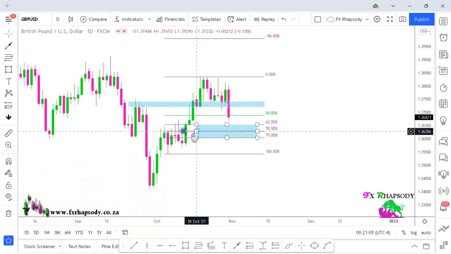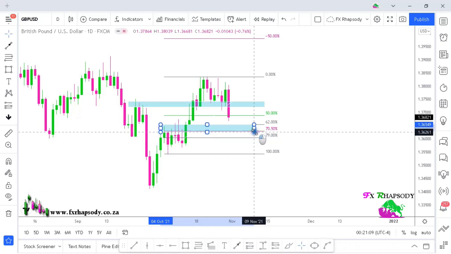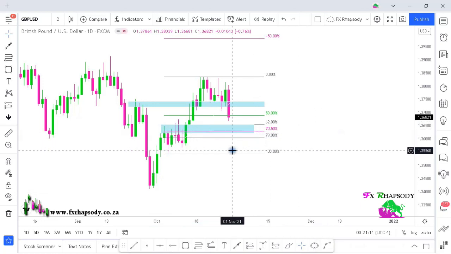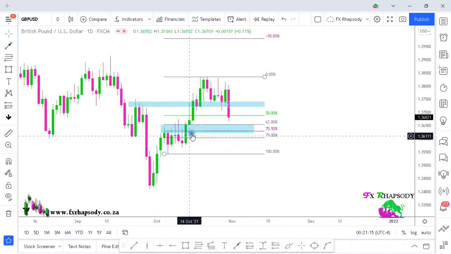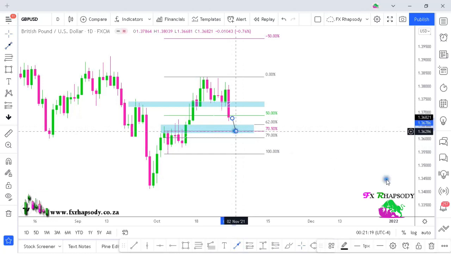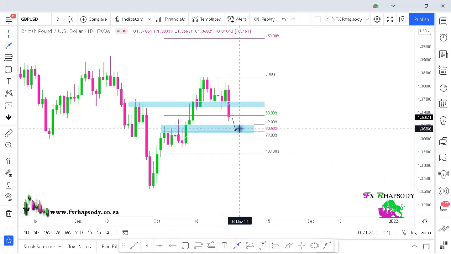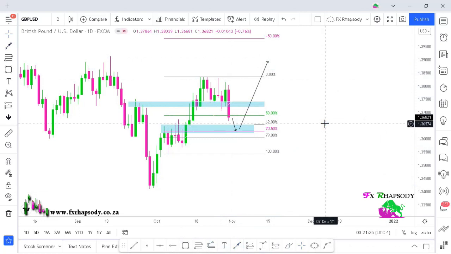If I draw a little bit to the side and a little bit up, there's an area of support, actually it's a resistance area turned support. So I would like to see price tapping this area, going into that before looking for any buys, if you only look at the daily time frame.